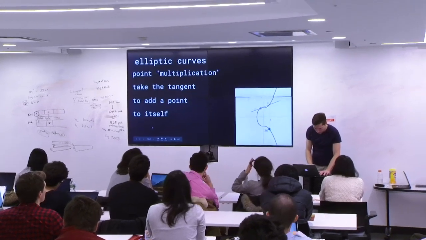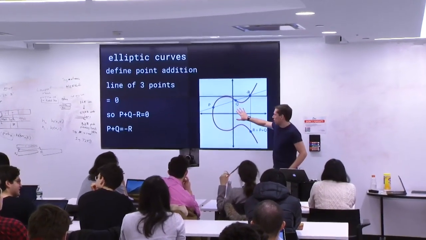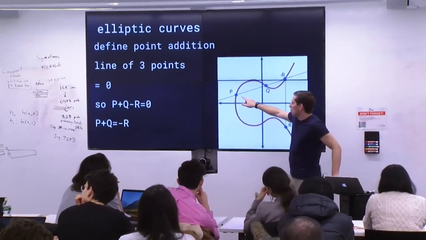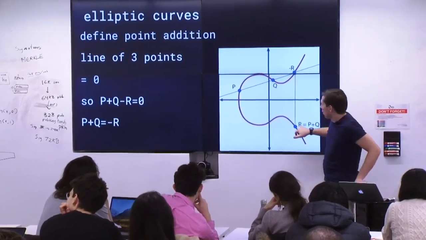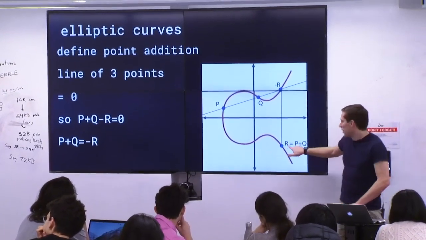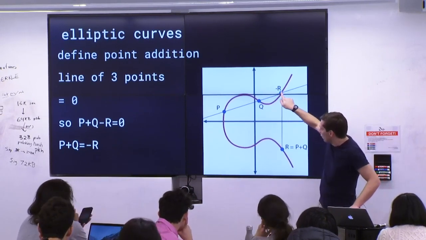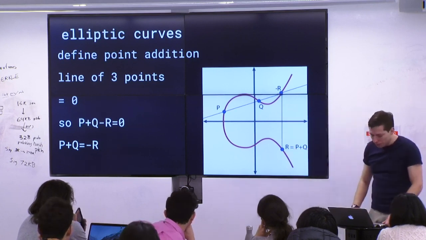Yeah, this picture is correct. Basically, P plus Q equals R, because R is down here. This is R, this is negative R. So P plus Q equals R, not negative R, sorry.